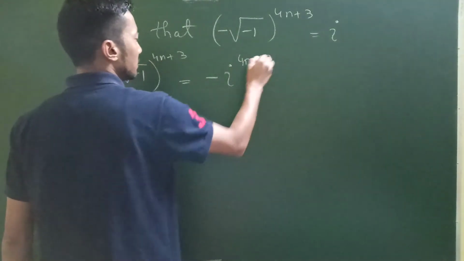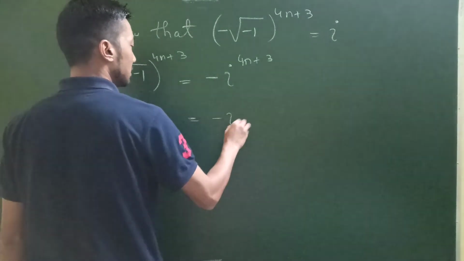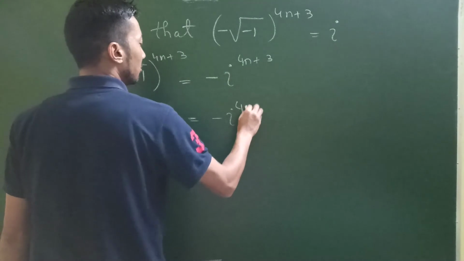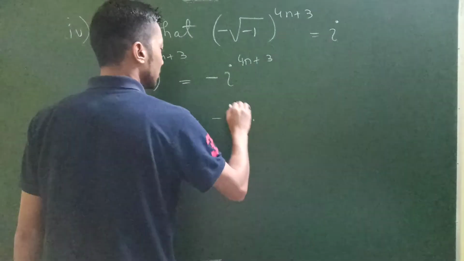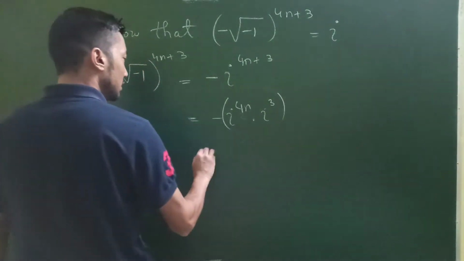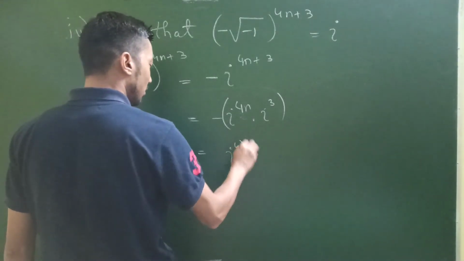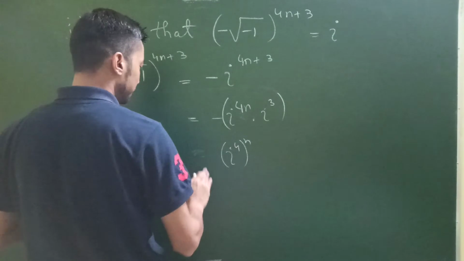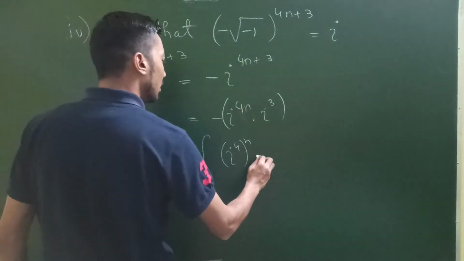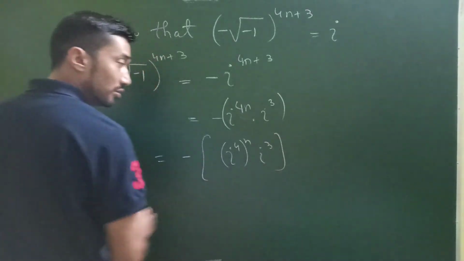So I'll write (minus i) to the power 4n+3, that is (minus i)^(4n) into i cubed. So that can be written as (i^4)^n into i cubed, isn't it?